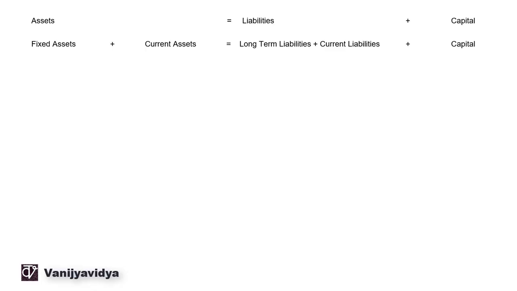Assets is equal to liabilities plus capital. Now assets can be further divided into two types, that is fixed assets and current assets. Liabilities can be your long-term liabilities or current liabilities, also known as short-term liabilities. Capital will be your contribution from the owner.